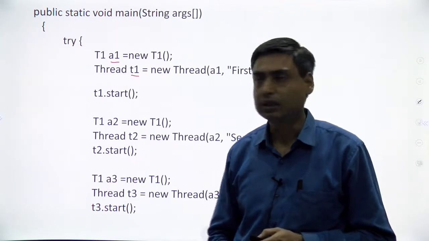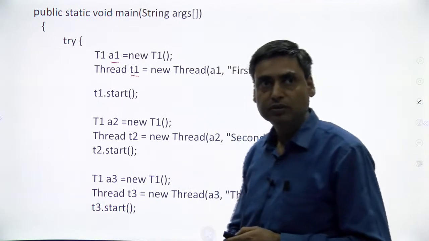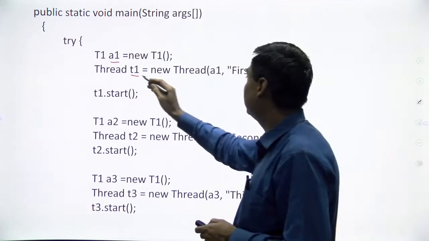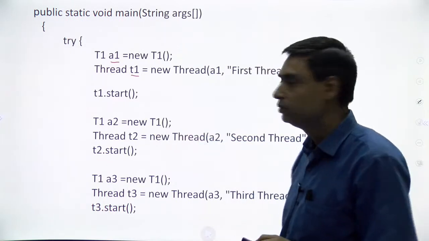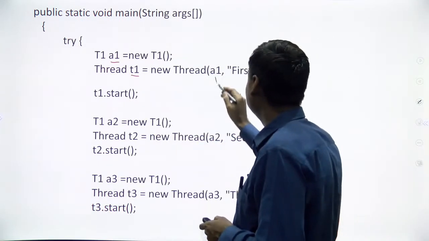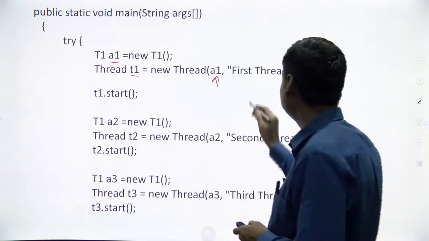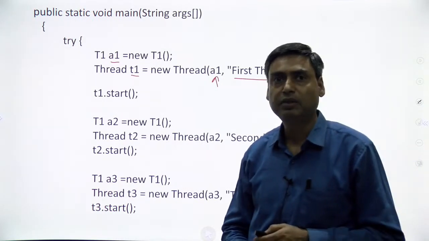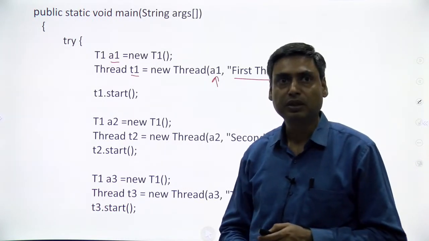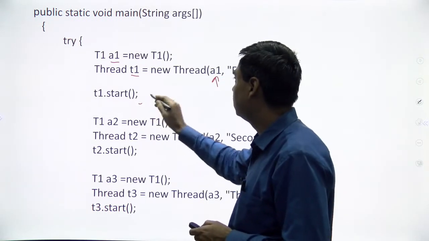Otherwise, it will not run. So we have created an object A1 of type T1. Then we create an object T1 of type Thread, and here we are wrapping the object A1. We can also provide the name of the thread, like first thread. The second parameter defines the name of the thread. Then we use T1.start.